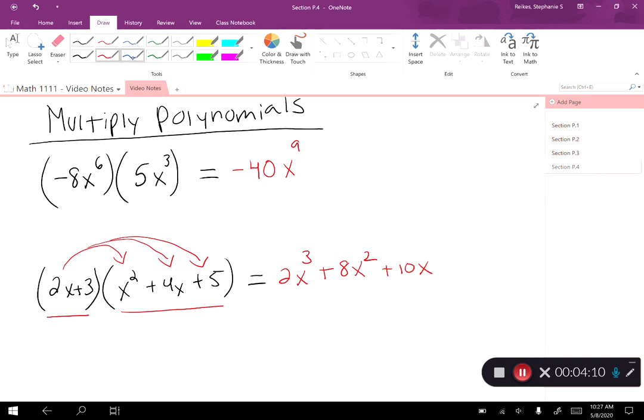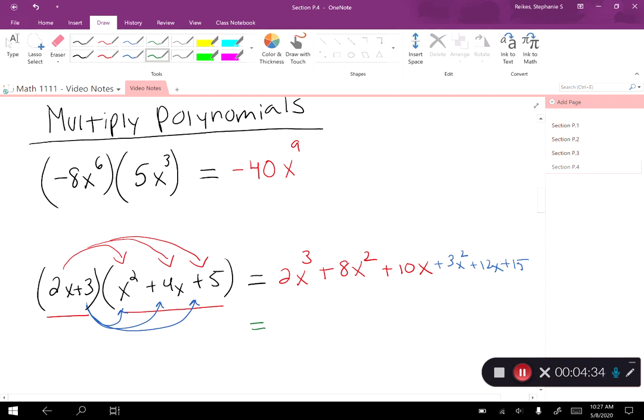Now I'm going to repeat with the 3. I'm going to distribute that everywhere into my trinomial. And so I'm going to get plus 3x squared plus 12x plus 15. And let's put all of these together, the like terms.